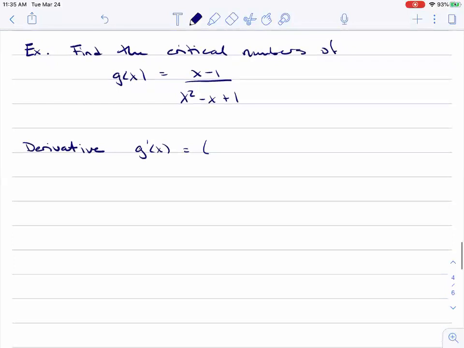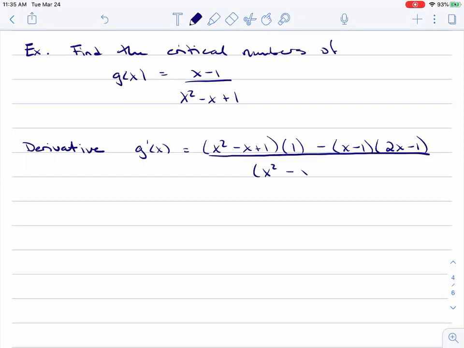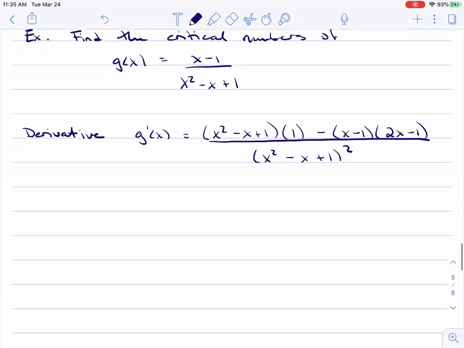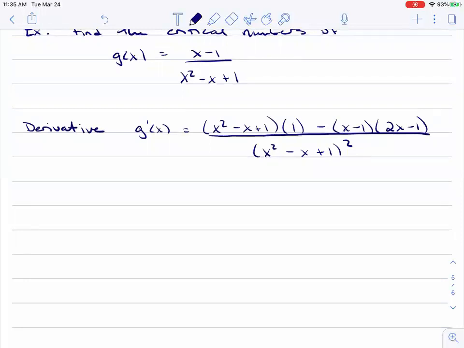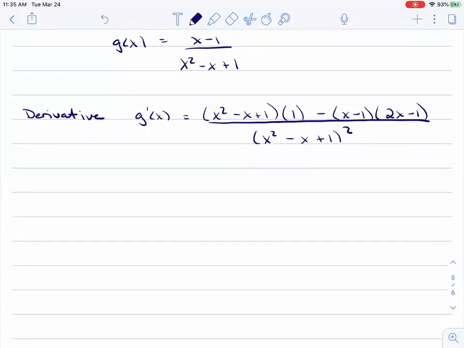So we've got g, which is x squared minus x plus 1, times f prime, which is 1, minus f, which is x minus 1, times g prime, which is 2x minus 1, all over g squared, x squared minus x plus 1 squared. We have to simplify this thing, and that might actually be the most work for all these problems. The derivative won't be that terrible. It's more the simplifying that might be tricky, or not even tricky, just tedious.